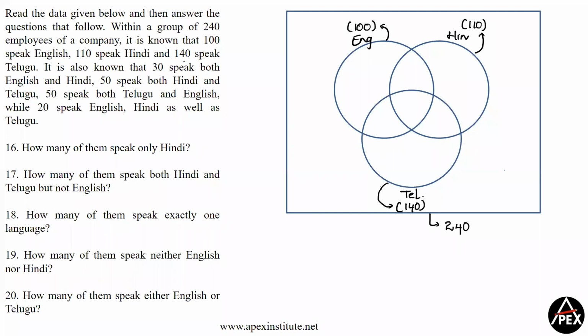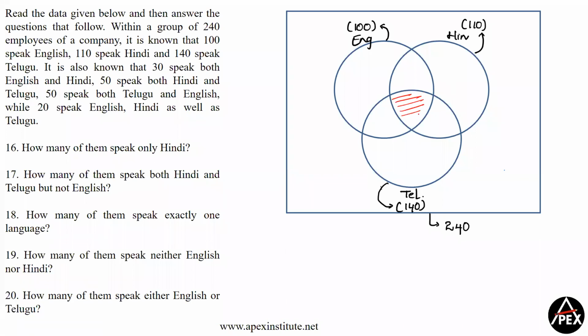Okay, now we have 30 speaking both English and Hindi, 50 speaking both Hindi and Telugu, 50 speaking both Telugu and English, while 20 speak all the three languages. Now, in questions from three-set Venn diagrams, it is always beneficial to start with this region.